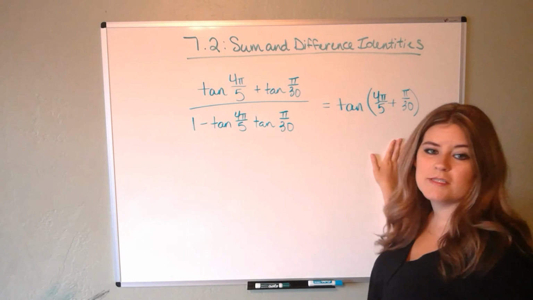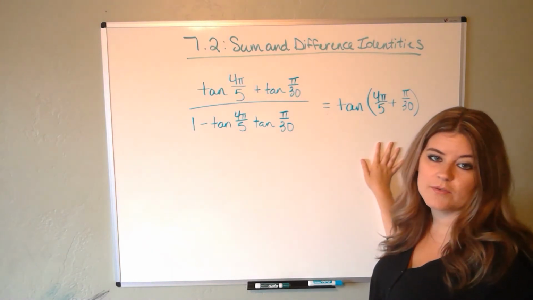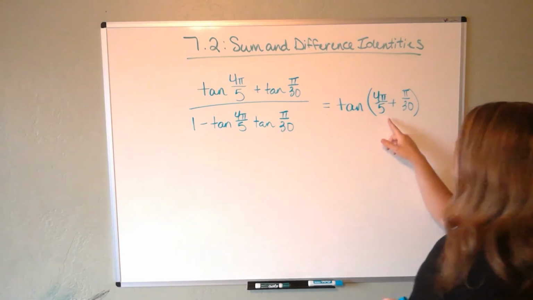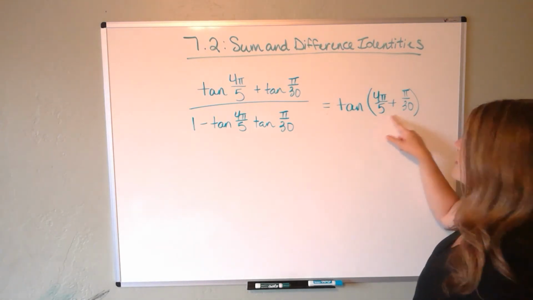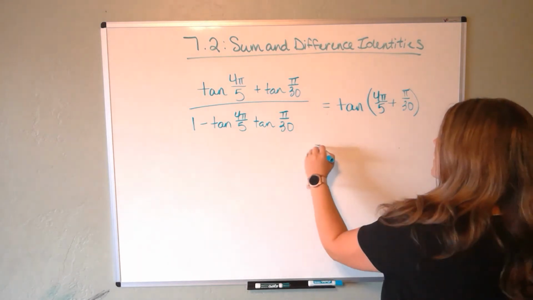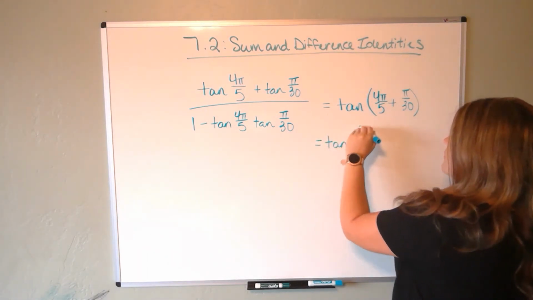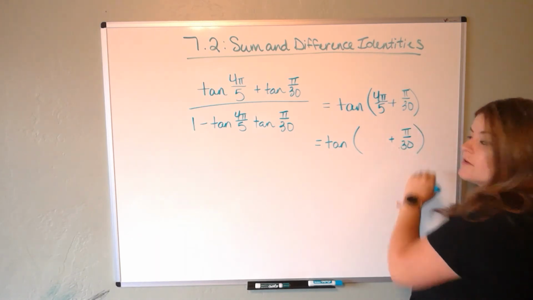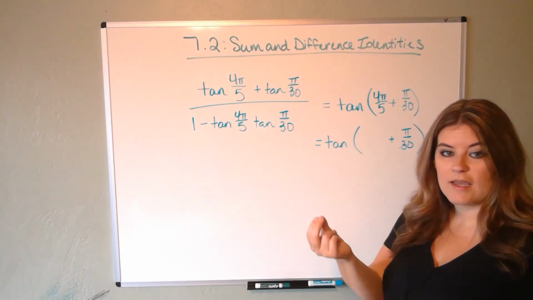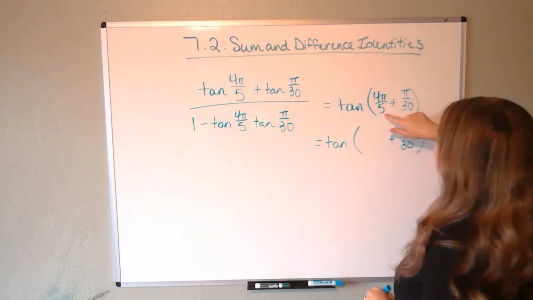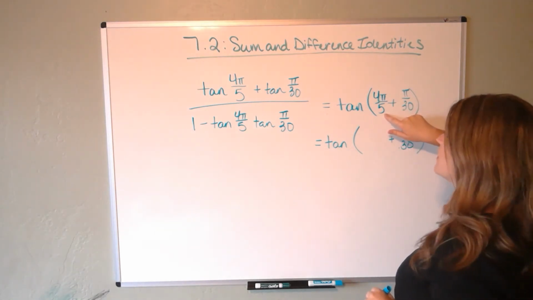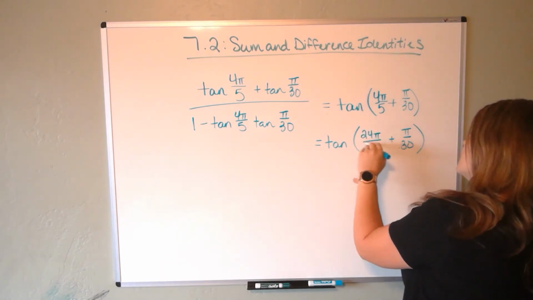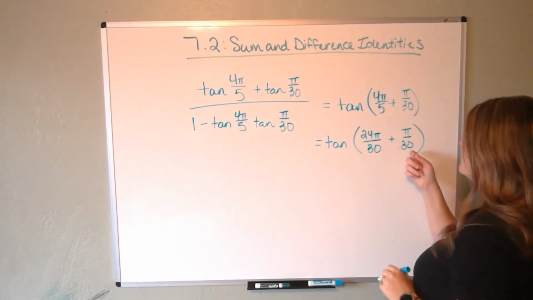You could turn these into degrees before you add if you want to. I'm just going to add them first and see what happens. When I'm adding fractions, they have to have common denominators. So I'm going to rewrite that 4 pi over 5 a little bit, because I need to get a 30 on the bottom of that so I can add the two together. To get to 30, I would have to multiply by 6 on top and bottom. So I get 24 pi over 30 plus pi over 30.